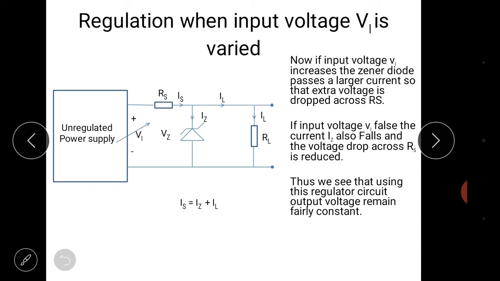If input voltage Vi increases, the Zener diode passes a larger current, so that the extra voltage is dropped across Rs. And if input voltage Vi falls, the current Iz also falls, and the voltage drop across Rs is again reduced. Thus we see that using this regulator circuit, output voltage remains fairly constant.